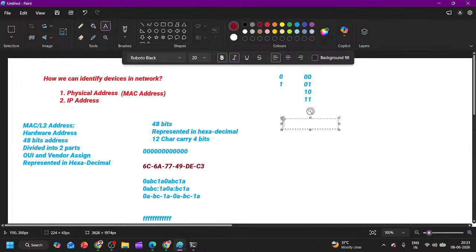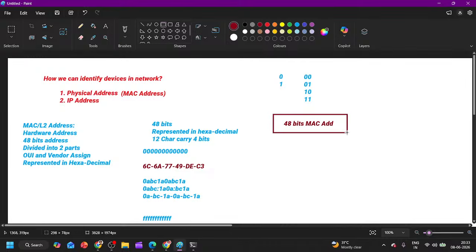Now this 48 bits, some of you said, is divided into 2 parts. First 24 bits and last 24 bits.